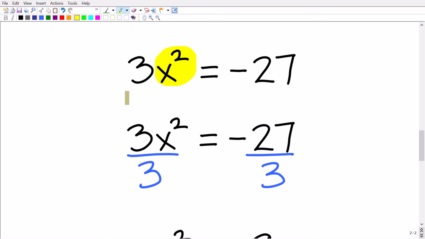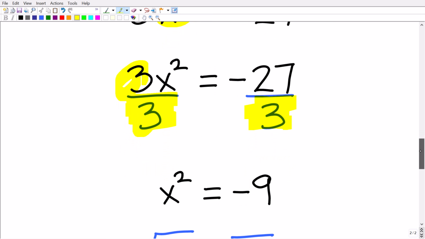We're going to take the square root of both sides, but we can't do that just yet because we have 3x squared equals negative 27, and we want x squared by itself. So we're going to divide both sides of the equation by 3, because 3 divided by 3 is 1, and we'll end up with 1x squared, or x squared, on the left-hand side. Let's go ahead and do that.